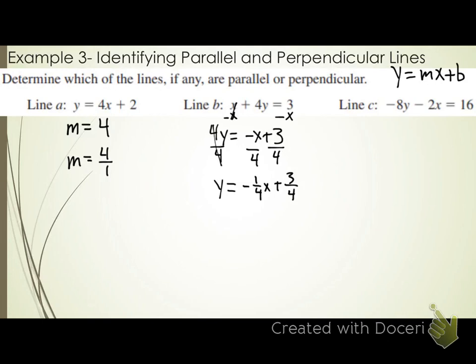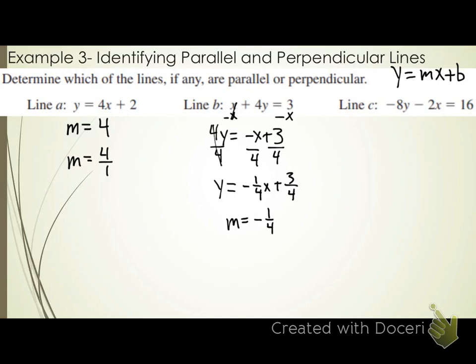Is this now slope-intercept form? Yes, it is. What's the slope of this line? Negative 1 over 4. Yep, it's the number being multiplied by x when it's in slope-intercept form. So that'd be negative 1/4. Questions on how I found the slope on B?